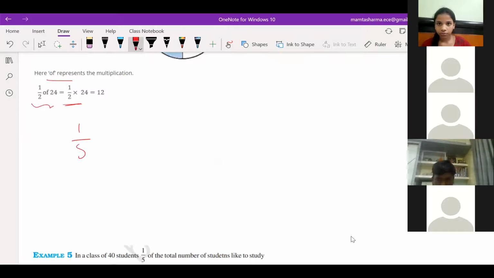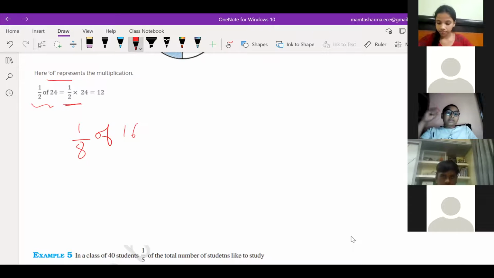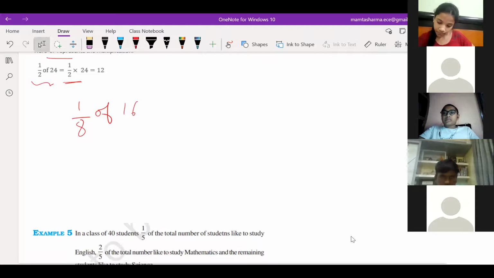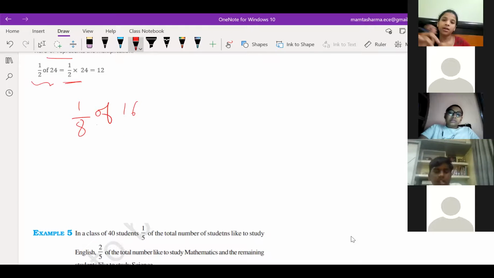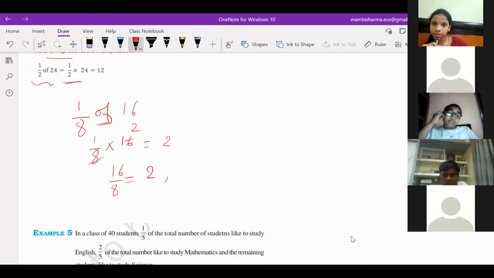If I say 1 by 8 of 16, 'of' means multiply, so 1 by 8 into 16. The answer is 2. Or you can write 16 by 8, then it can be simplified as 2, or 2 by 1. Both are correct.